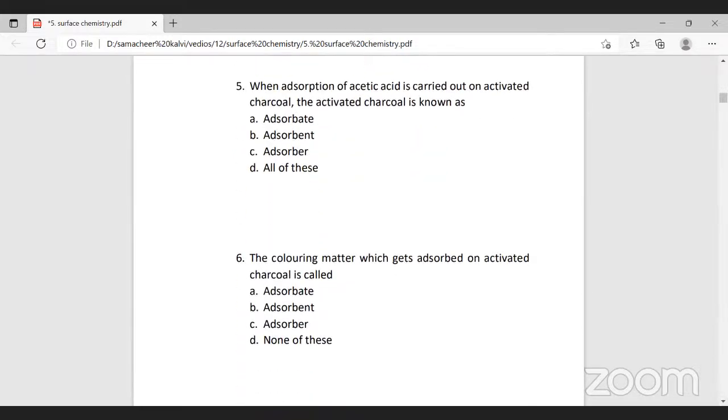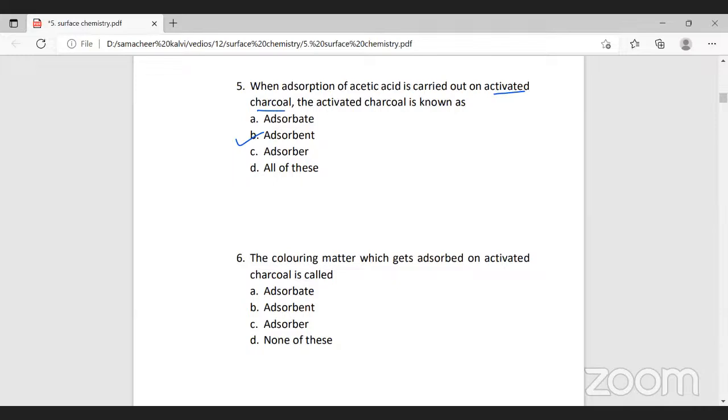When adsorption of acetic acid is carried out on an activated charcoal, anything which provides a surface area or the surface for adsorption is called an adsorbent. Here, the activated charcoal provides the surface for adsorption. Therefore, activated charcoal is called an adsorbent.